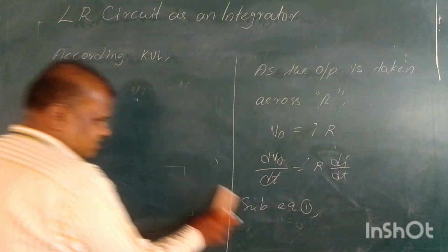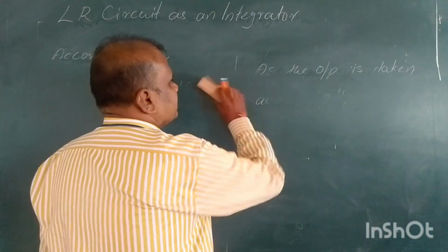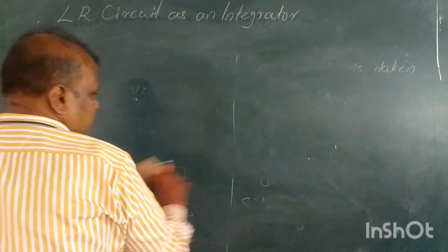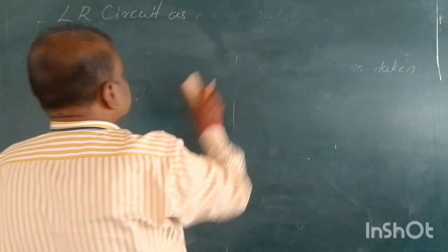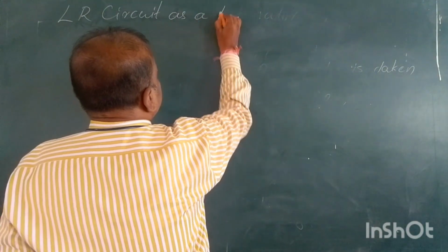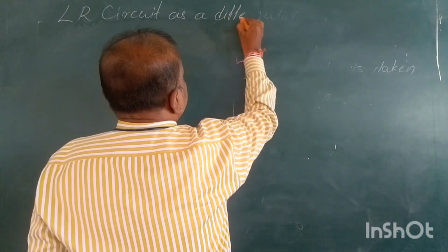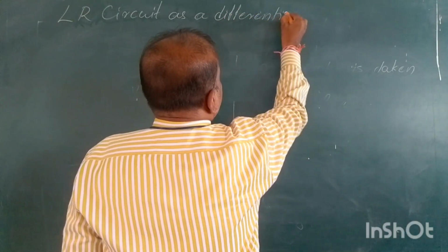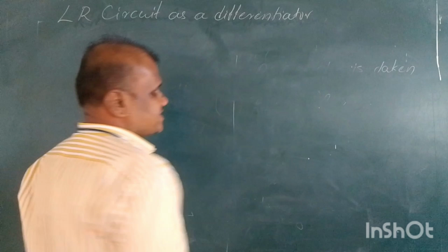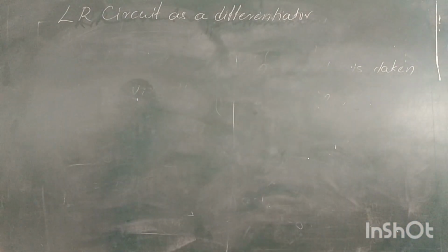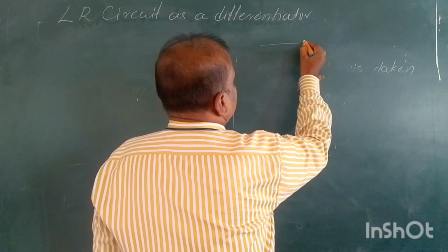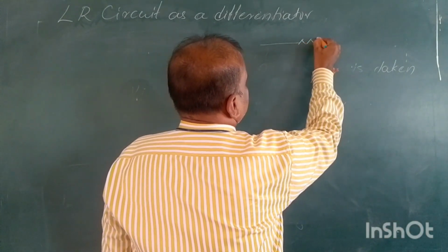In the next part of this heading, we have the LR circuit as a differentiator. The same circuit is going to be acting as a differentiator. Here, instead of taking the output voltage across the resistor, we will take the output voltage across the inductor.